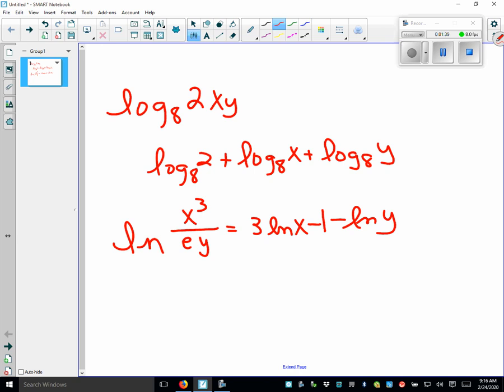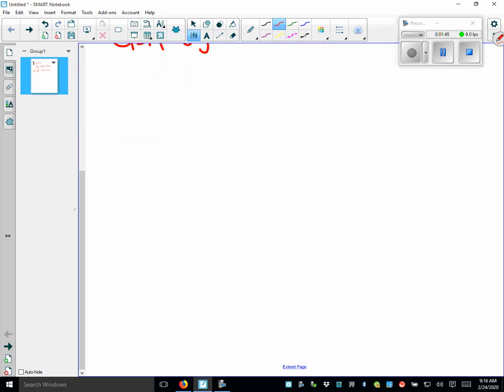All right? The next thing on the test says write as a single logarithm. So log base 4 of x plus log base 4 of 7 minus log base 4 of y.